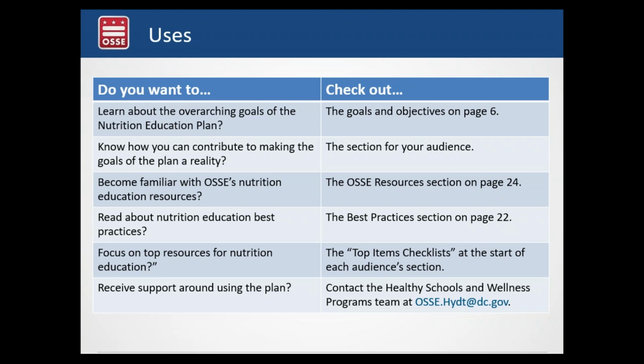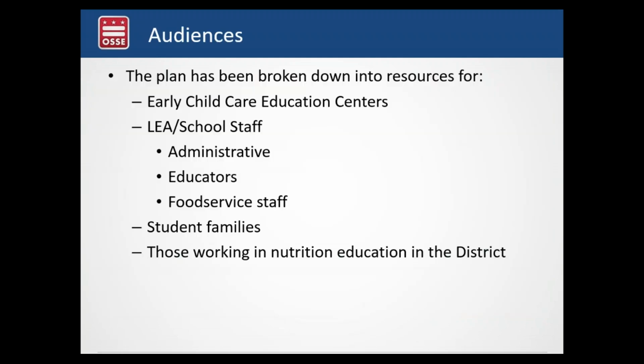When you go to the actual plan, the audiences will be broken down and it'll tell you exactly which page each is on. So if you're a school teacher, then you can see where you would go to find the most relevant information for you. Now here on the slide, I have a list of the actual audiences that have a section in the nutrition education plan.